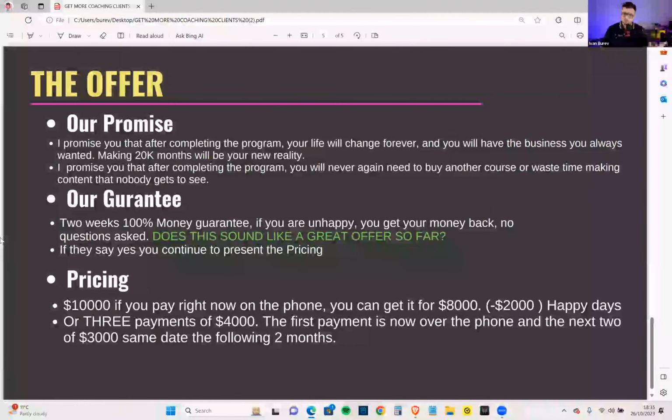And then I told you what I'm going to promise you. I told you what my guarantees are to you. And I told you what the price is. Again, we're not going to go now into selling this, but this is how I create, in a very simple way, a very good offer that converts most of the time, if you're good at sales, of course.